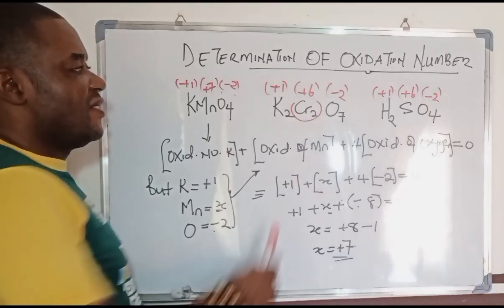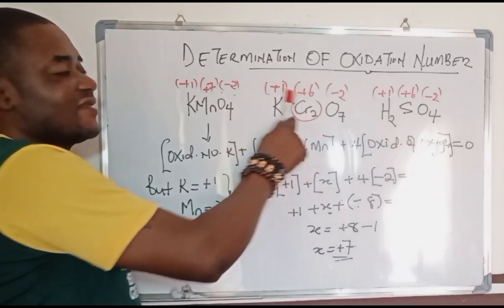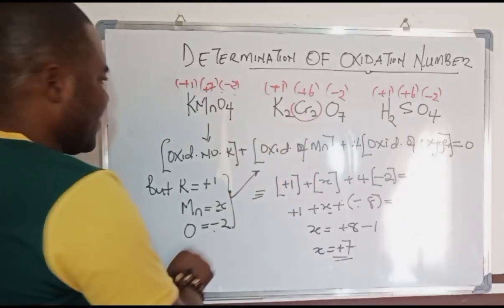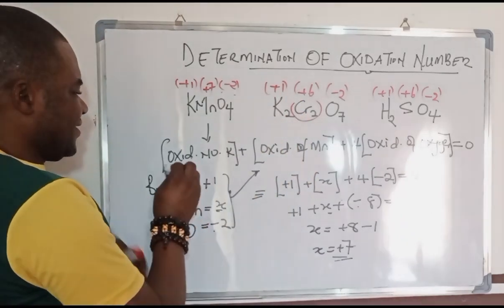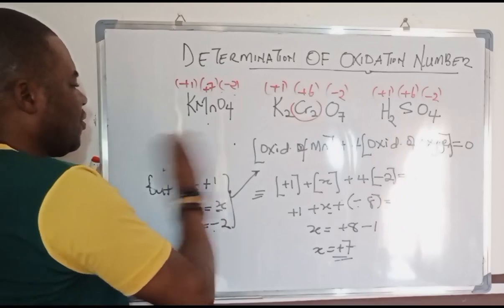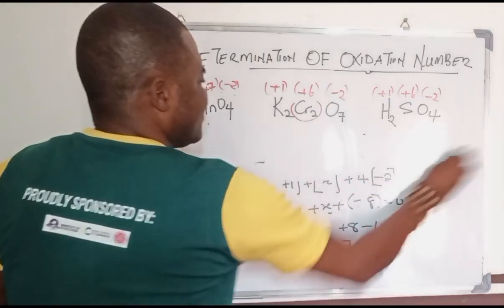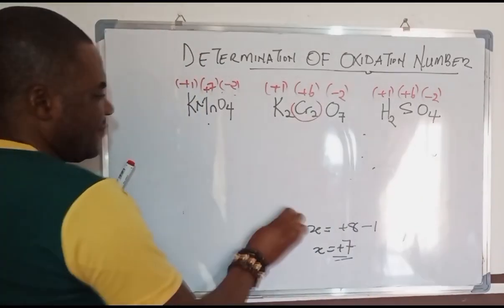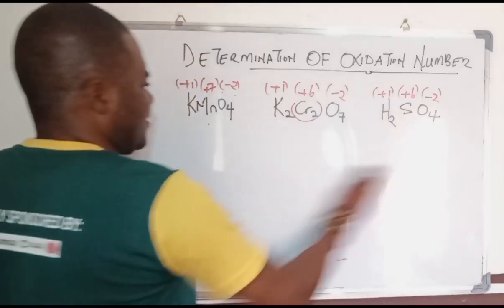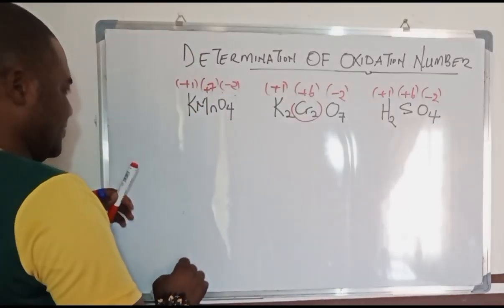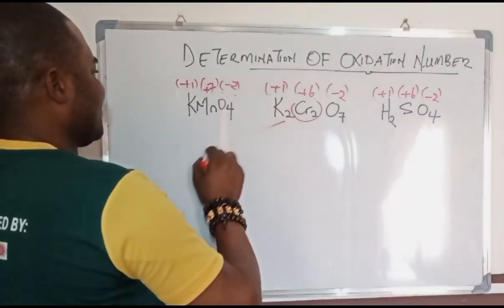Now, how do we determine its oxidation state, which we said is 6? Alright, now we're going to clean this to allow us to do that. Okay, now to determine the oxidation state of chromium, we are looking at this now.